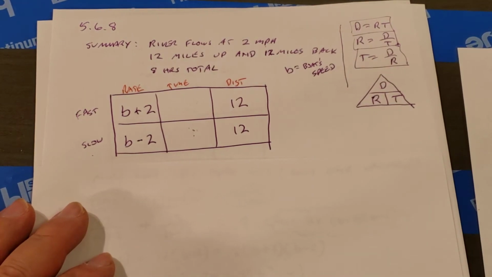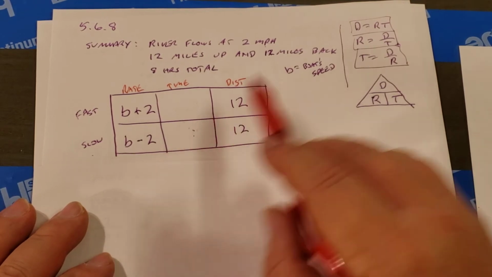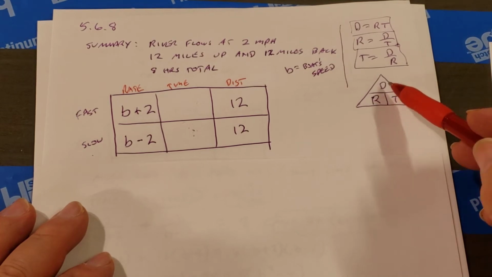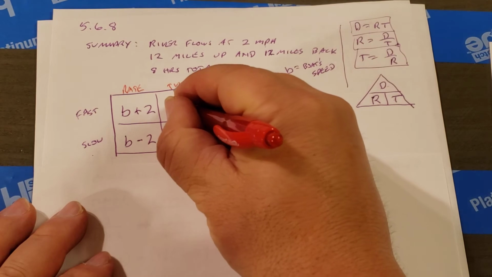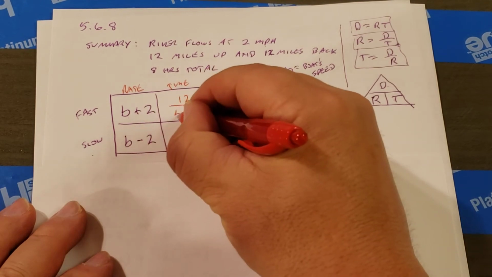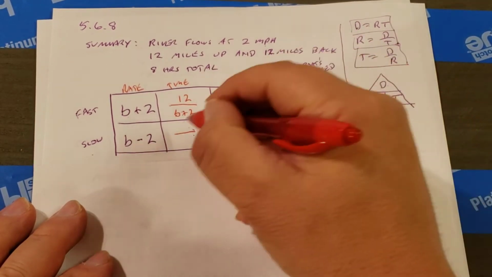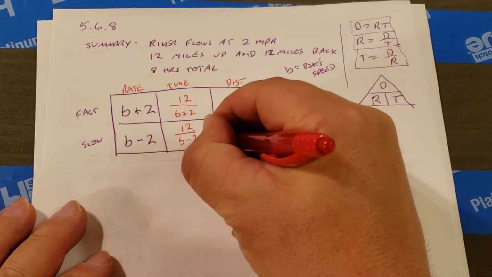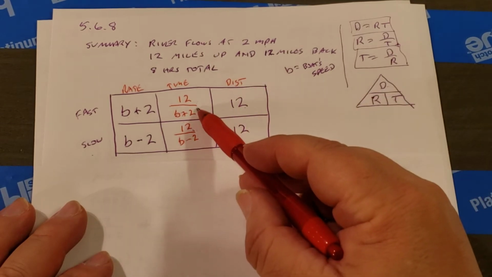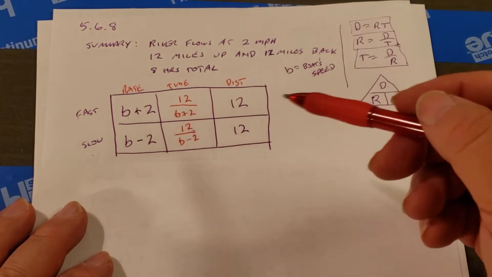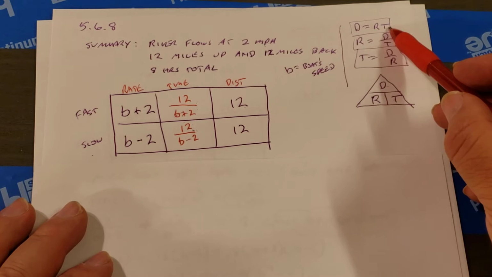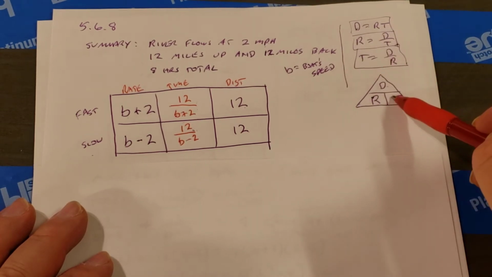So here is why I have my little table over here. I needed the formula for time. The formula for time is distance over rate. So this is the distance, and this is the rate. And for this one, the distance is 12, and the rate is B minus 2. It's a fairly involved formula based on multiple things that we've talked about already. It's based on distance equals rate times time, because that's the formula that gave us this table.